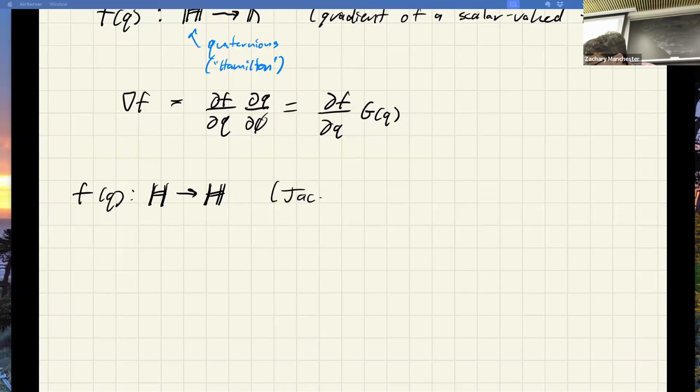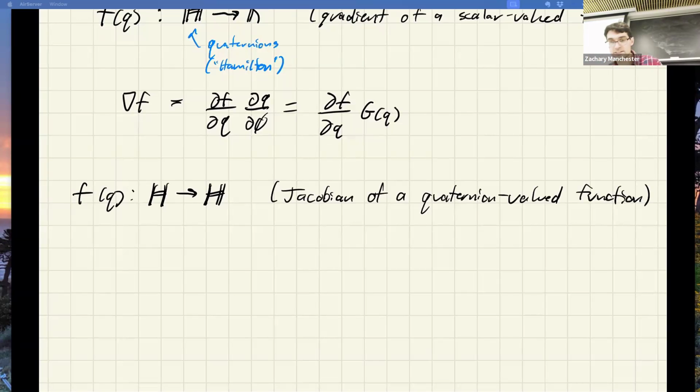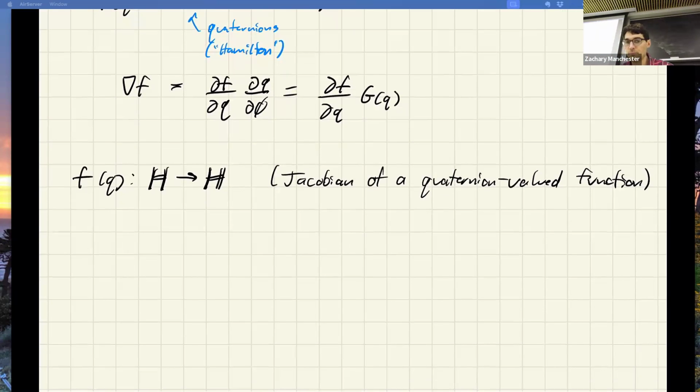So this is a Jacobian now. The recipe here is, I want to put in a little infinitesimal perturbation phi on the right, and I want to get out a phi prime, an infinitesimal rotation perturbation on the output as well.